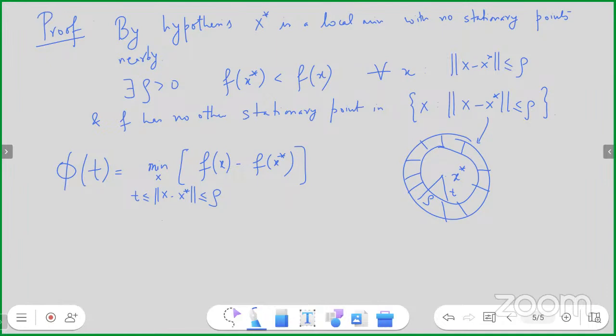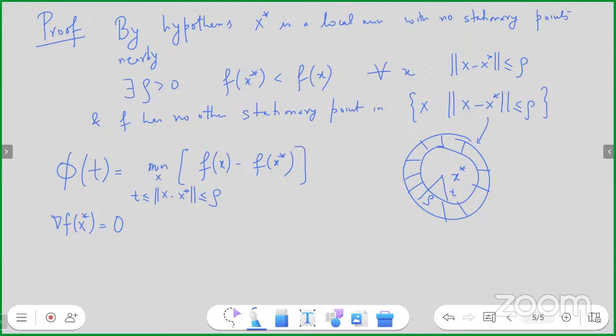Okay, so what do we know about del f at x star? This is 0 by definition of the local min. And because of the continuity, this is continuous. So what can you say about around x star?